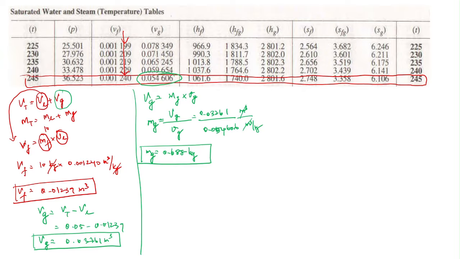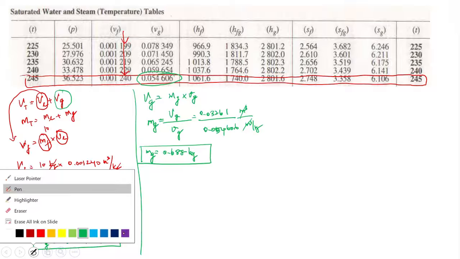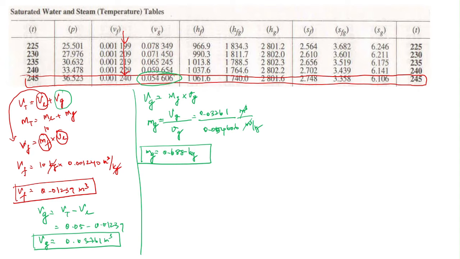Then the next parameter, you are going to find the condition of steam that exists. Because the mass of steam was found, then mass of liquid is already given in the problem, which is equal to 10 kg. Then the specific volume of steam was found, and the specific volume of liquid.